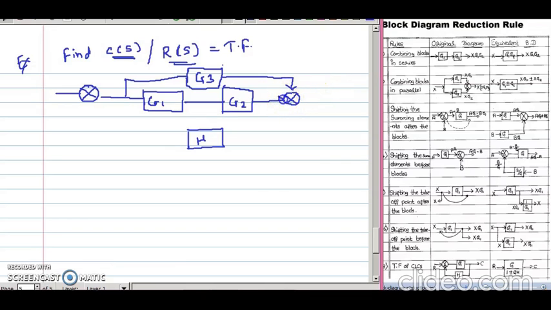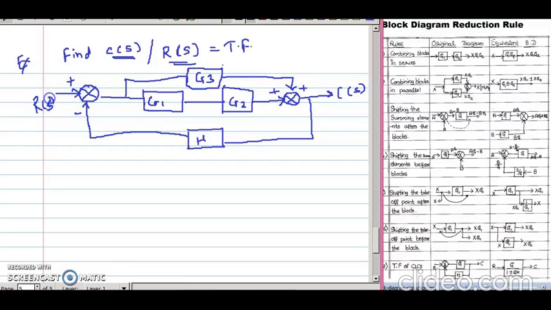This is the positive, this is the positive. This is C of S, right? And from here to here, this is the negative and this means positive. This is the R of S.